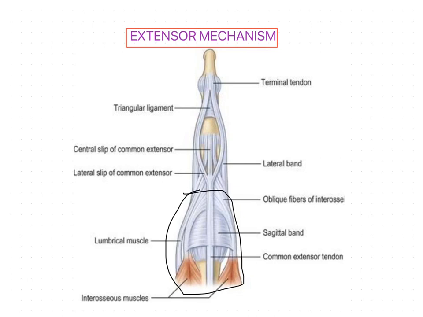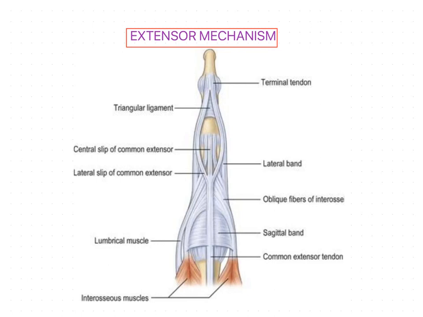The extensor digitorum, the dorsal and volar interossei, and the lumbrical muscles all together form this extensor mechanism.